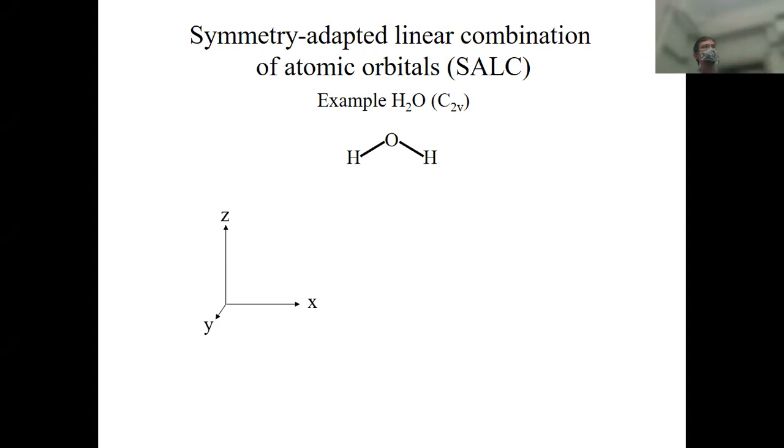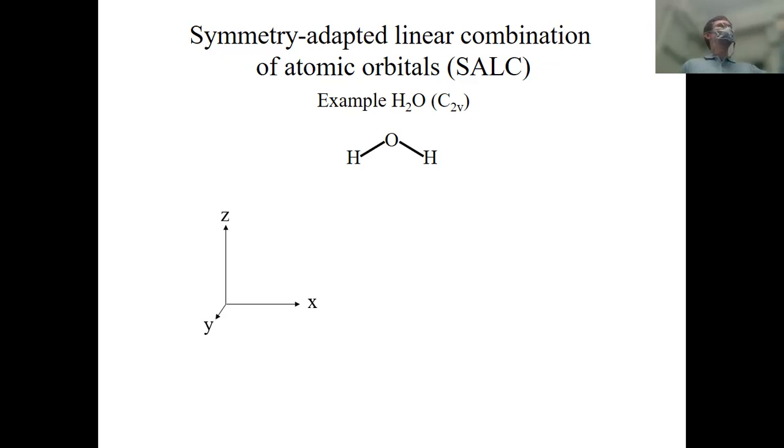So we have to think about what the valence orbitals of our ligands are now. In this case, the decision is easy. Our hydrogen atoms only have the 1s orbitals as the valence orbitals. So we would only consider the 1s orbitals to be the atomic orbitals we would use.